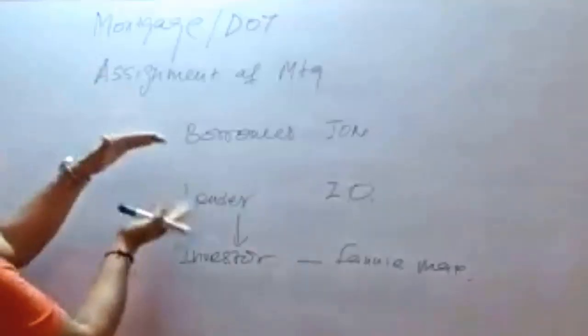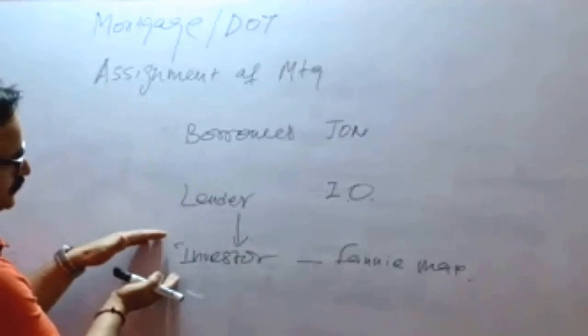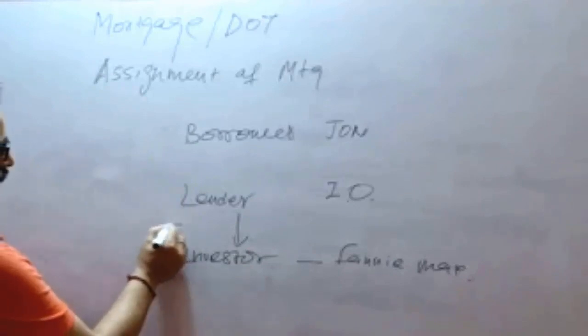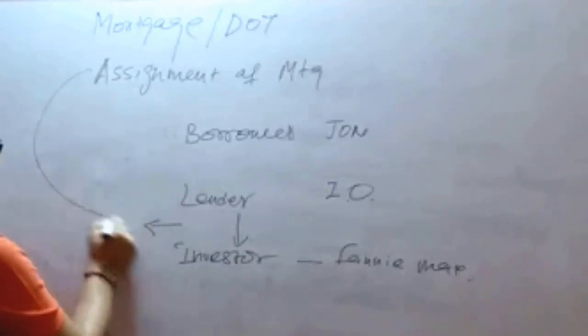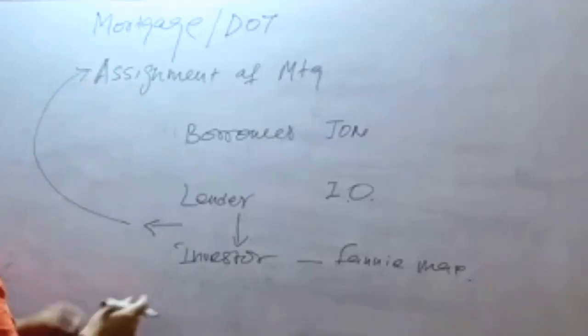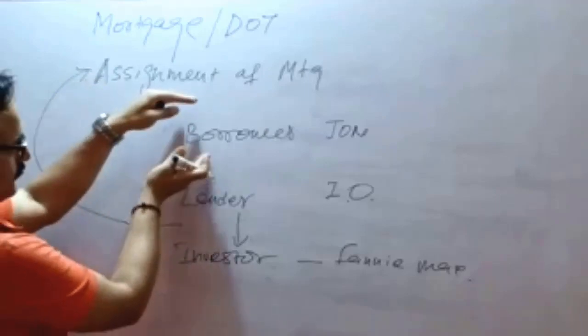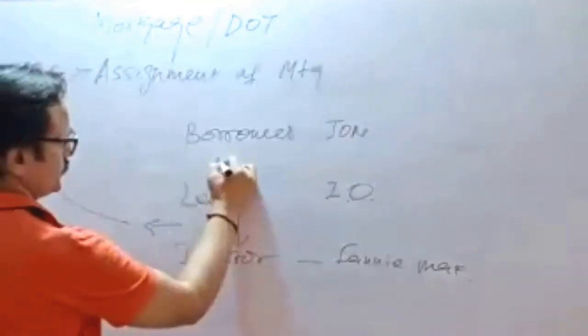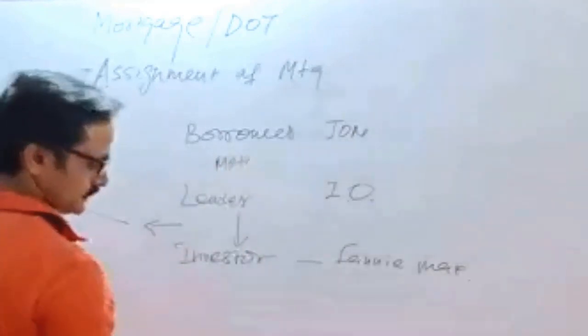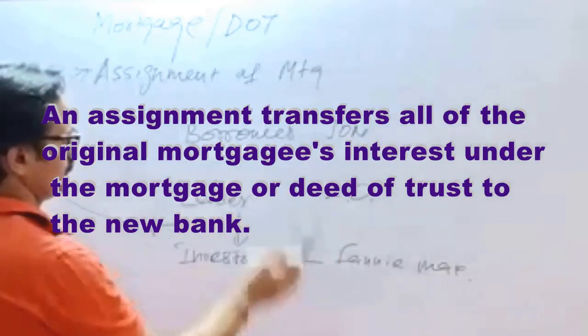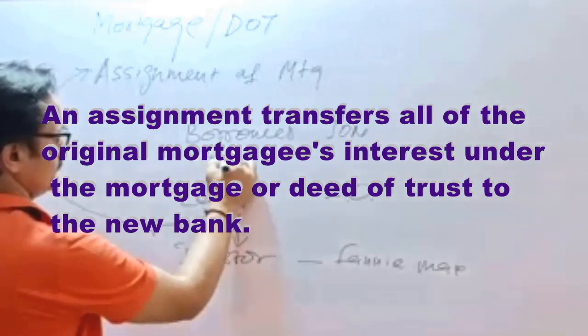At the time when lender will be sending the file to investor, they will be executing a document, that is assignment of mortgage. So between borrower and lender, that is a mortgage, right?